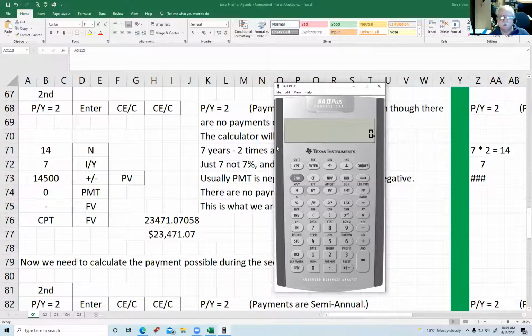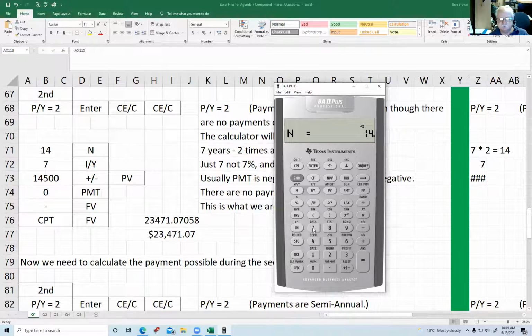The calculator automatically assumes it's a simple annuity, unless we force it to realize it's a general annuity. So it was 7 years, but 2 times a year, so we have to do that calculation, and that goes into N.